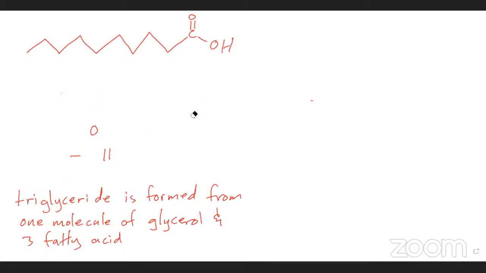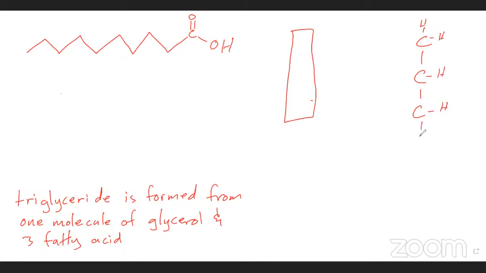All right, so let us just quickly relook at how we actually form the triglyceride. Now, when you're doing this, if you want to be very specific with the chemical structure, that is okay. You can be very technical and write the 3 carbons and all of the H's. You don't have to.